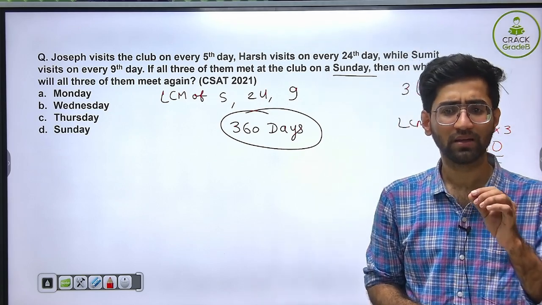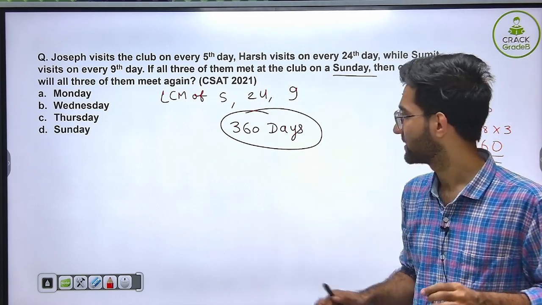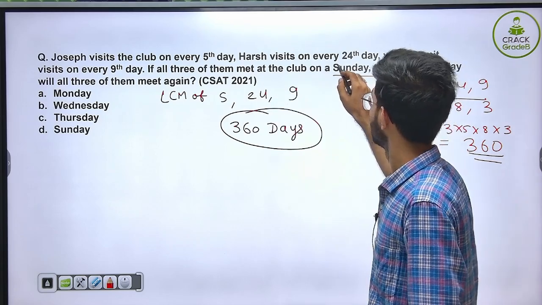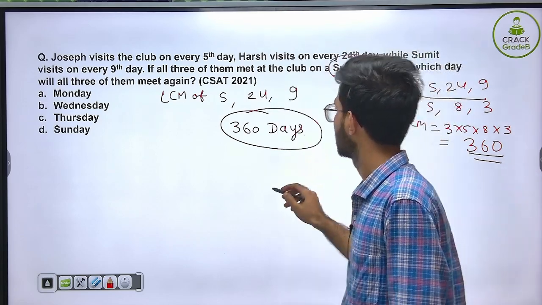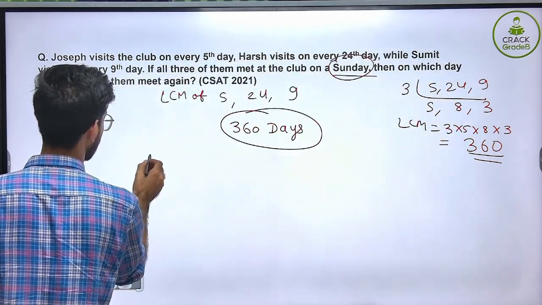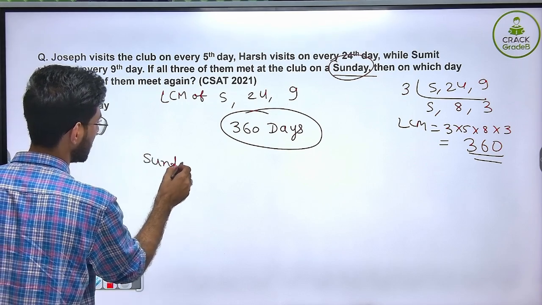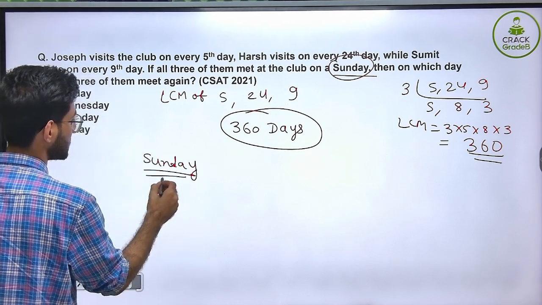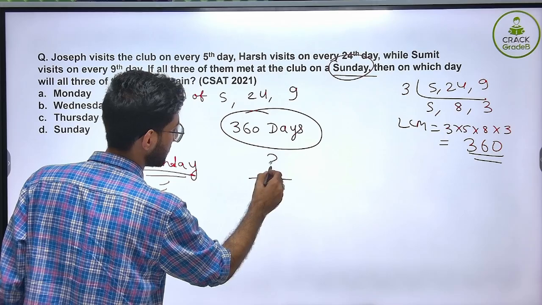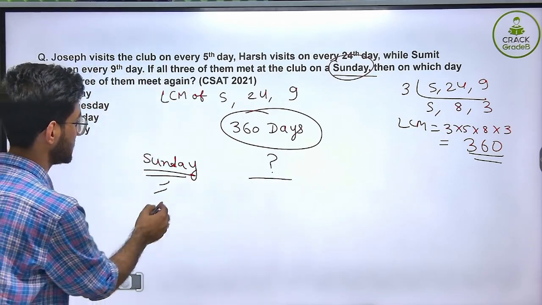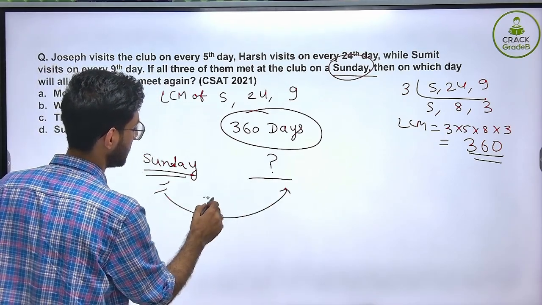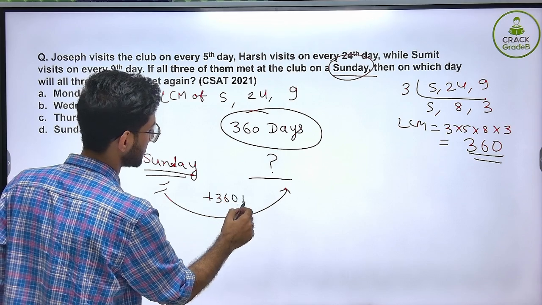Now you will have to learn a basic thing. They have earlier met at the club on Sunday, and you have to answer what will be the day when they meet after 360 days.